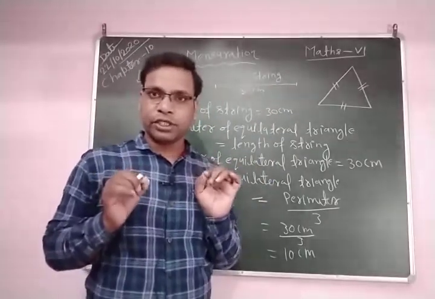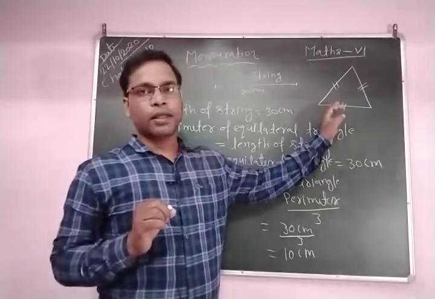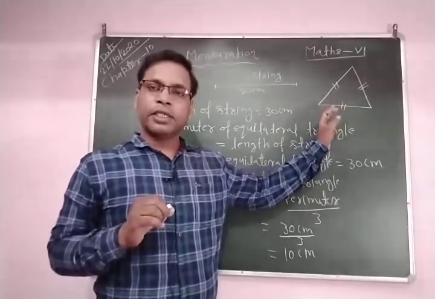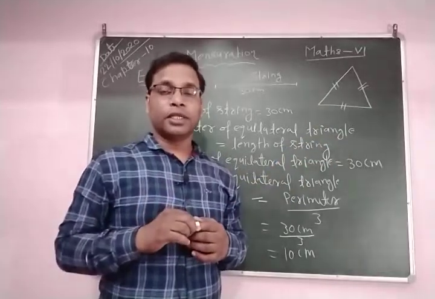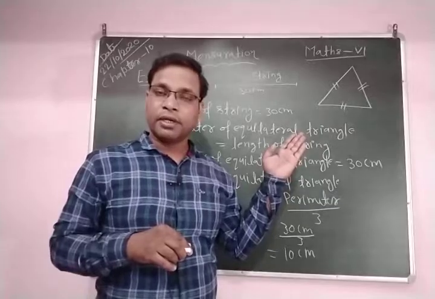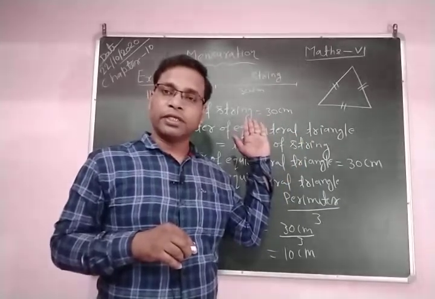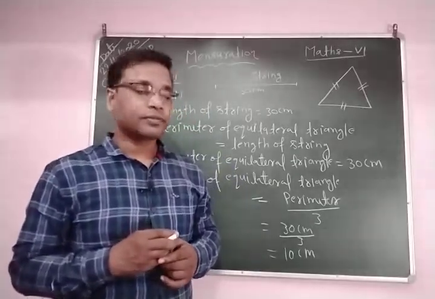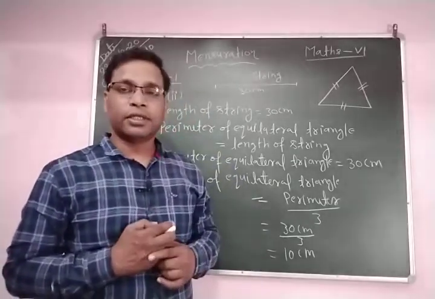We used this string to form this equilateral triangle. So the perimeter of this equilateral triangle is 30 centimeters, because the length of the string is 30 centimeters.